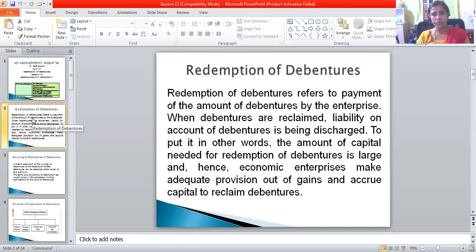To put it in other words, the amount of capital needed for redemption of debentures is large, and hence economic enterprises make adequate provision out of gains and accrued capital to reclaim the debentures. Every year they create a charge on the assets so that it will be sufficient to repay after the completion of the term of the debentures.